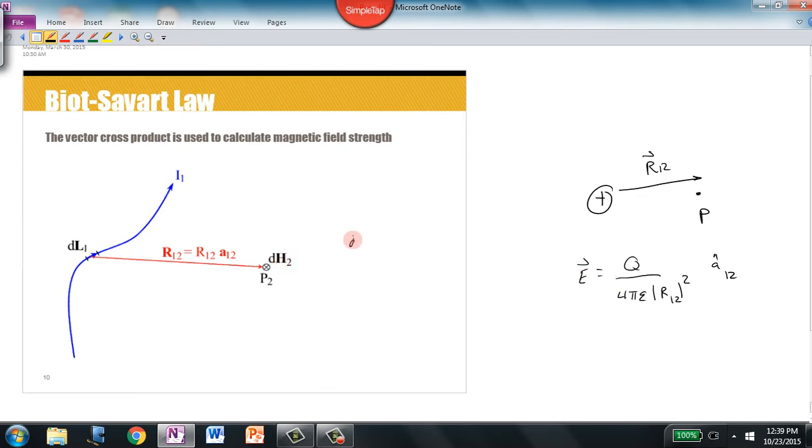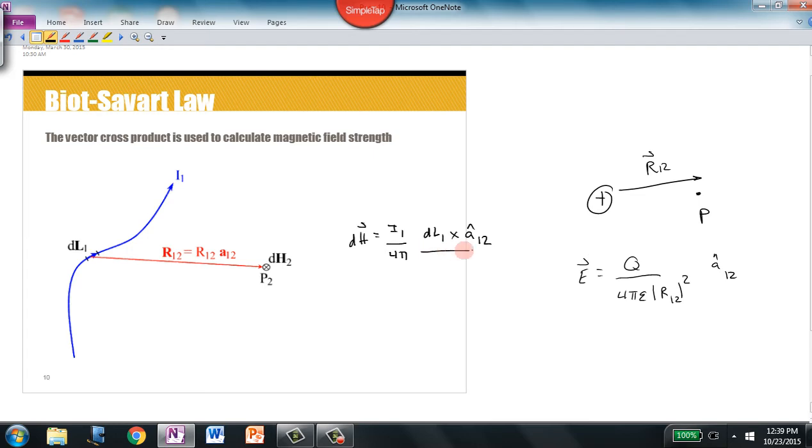So the differential magnetic field, or the magnetic field component due simply to the current flowing through this very, very small length of wire, dH, is equal to I1, the current flowing in the line, divided by 4 pi, multiplied by the length of wire that the current flows through, which is dL1. I then take the cross product of dL1 with the unit vector pointing from dL1 to the point, a hat 12.